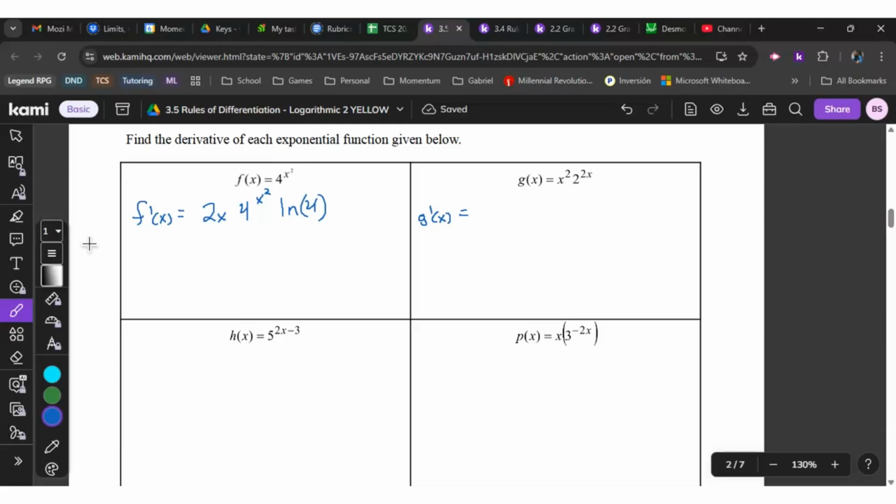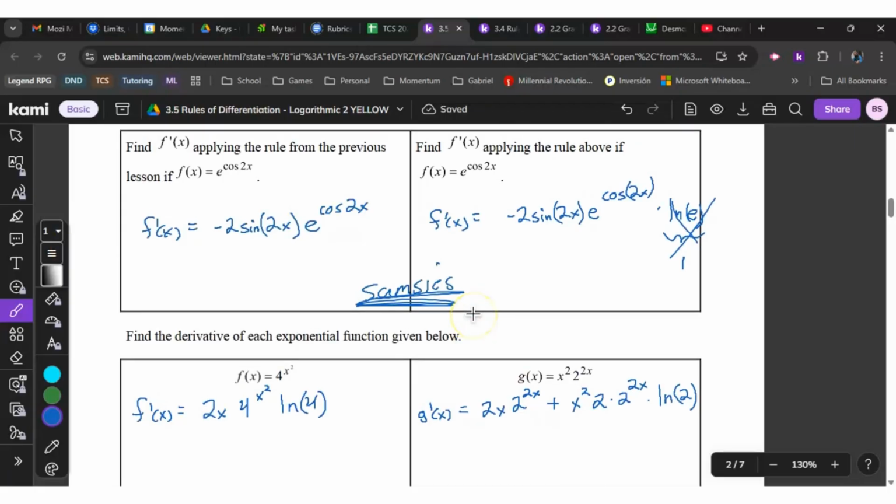That means I'm going to do the derivative of the first, which is 2x, times the second function, 2 to the power of 2x, plus the first function, x squared, times the derivative of the second. And this is where we have to pay a little more attention, because it's the exponential. So the derivative of the exponent is 2, times the original, 2 to the power of 2x, times the natural logarithm of 2.